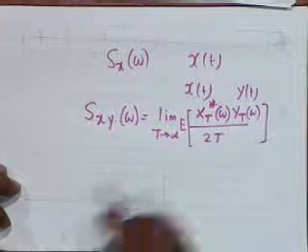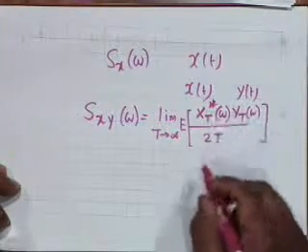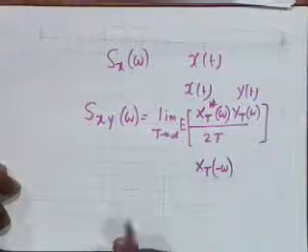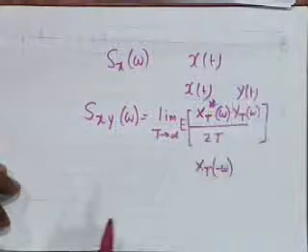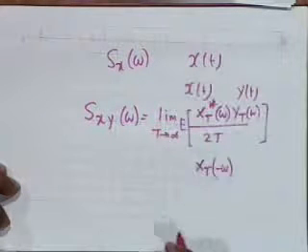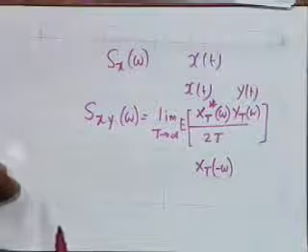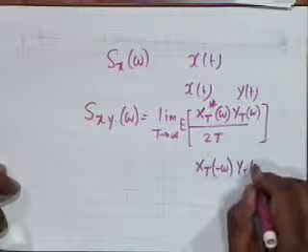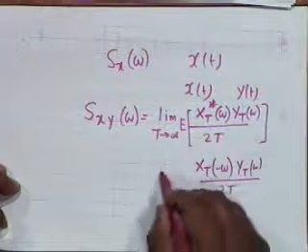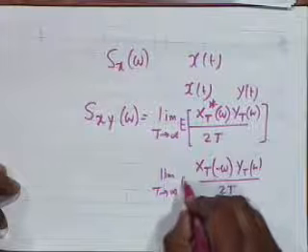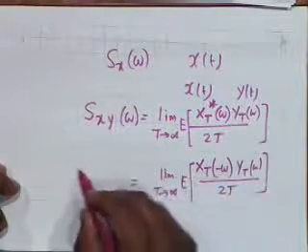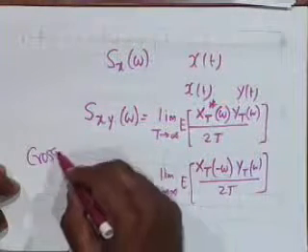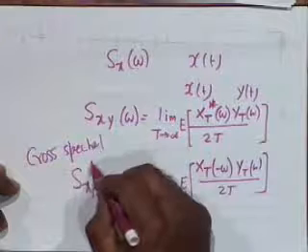That's it. This is something which you have to remember. In other words, if x of t is a real quantity, the complex conjugate is simply omega changing to minus omega, multiplied by YT of omega divided by 2T, then limit t tends to infinity, expected value of this, and this is equal to Sxy of omega. This is called a cross spectral density.